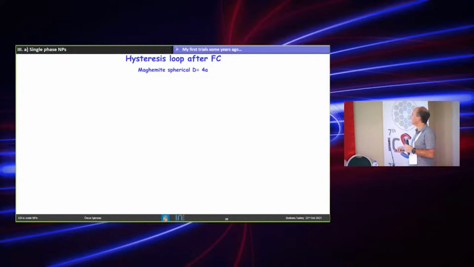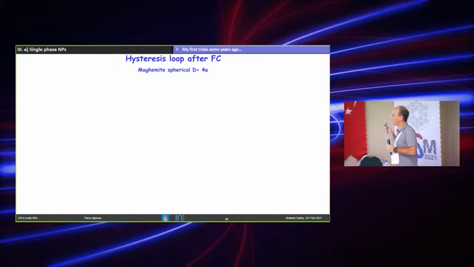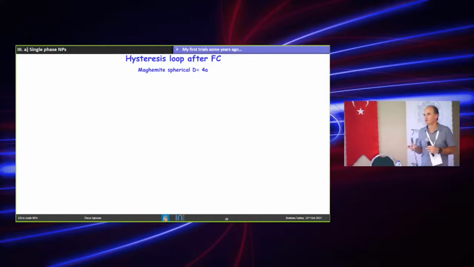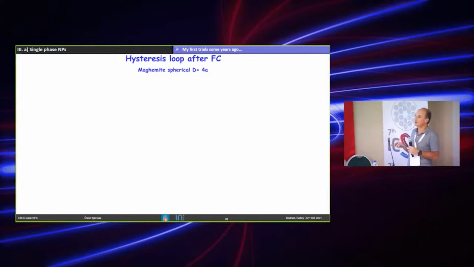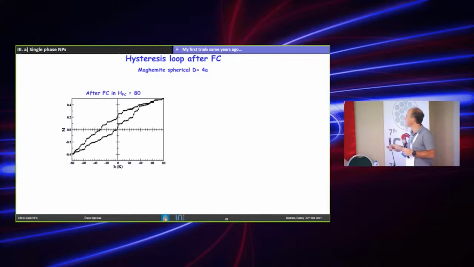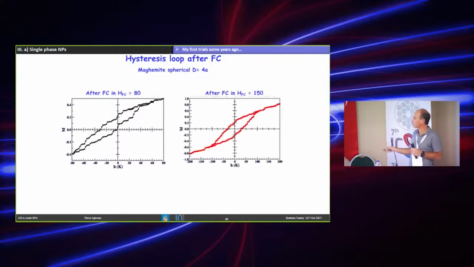So, sorry again. My first attempts to simulate a maghemite nanoparticle, some tens of years back, were with a single-phase nanoparticle, right? And here you have the results. The first results that I got by Monte Carlo simulation were this, okay, a shifted loop, right?